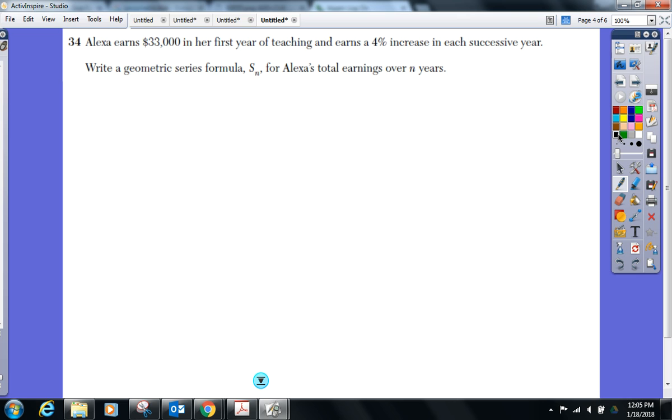All right, take a look at 34. I don't know if anybody will read through it, and maybe you'll find out why I need your formula sheet for this one. Geometric series formula.